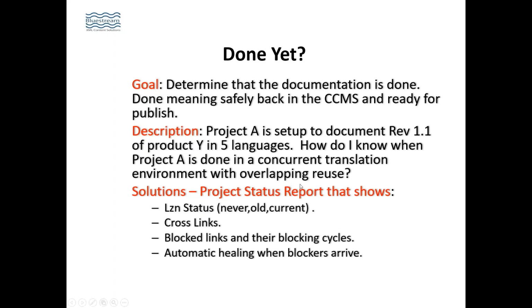Even in the case of overlapping reuse, maybe one project sends out all the files and the second project doesn't send out all the files because there was reuse and something came back. So how do you avoid that?